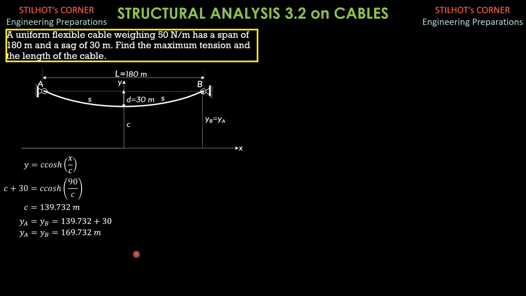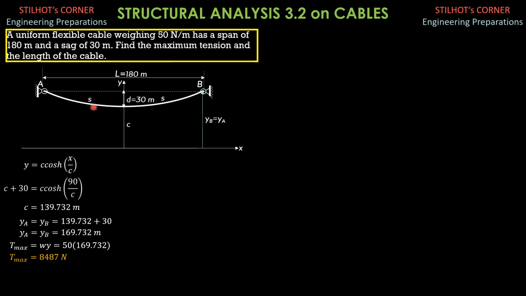Then finally, the maximum tension is W, the uniform weight 50, times the maximum Y, which is either YA or YB. So Tmax equals W times Y, 50 times 169.732. So the maximum tension can now be found, and it is 8487 newtons.